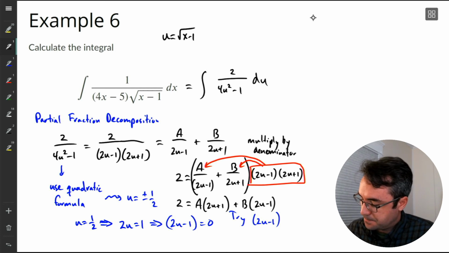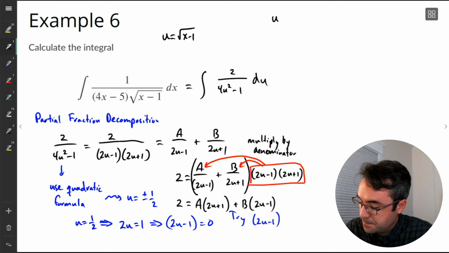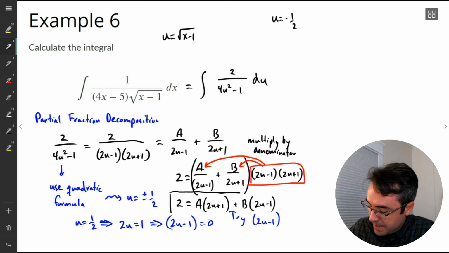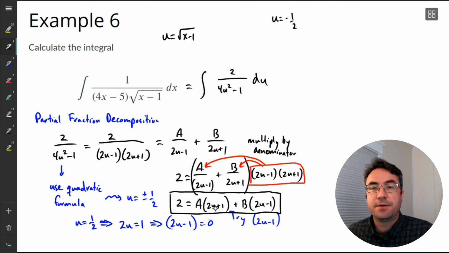And let's try out, well, what's our first linear term here? It's 2u plus 1. So that would correspond with u equal to negative 1/2. So we're going to be referring back to this equation to help us figure out a and b.